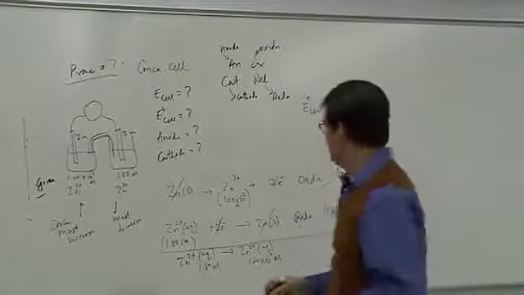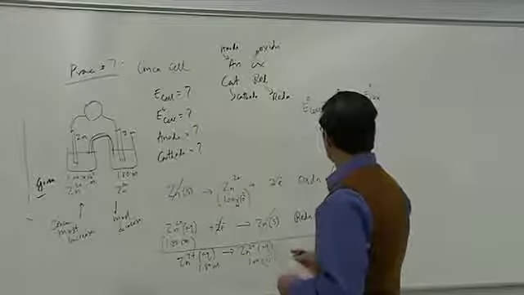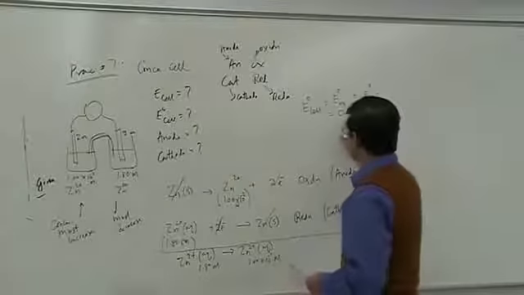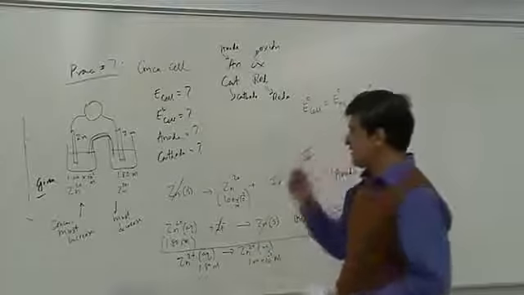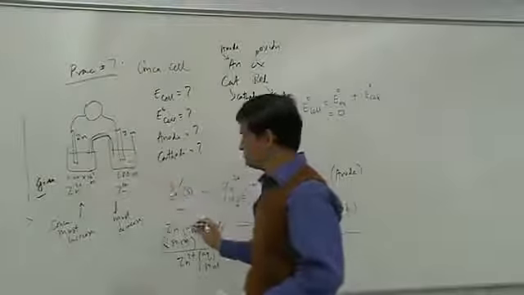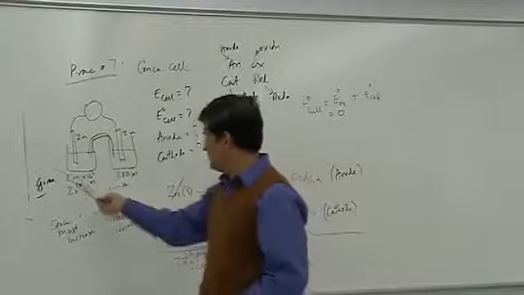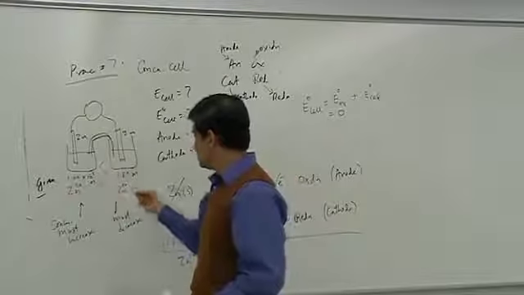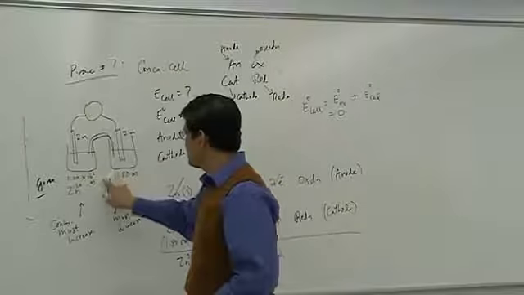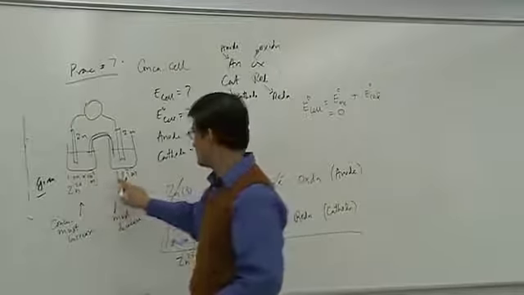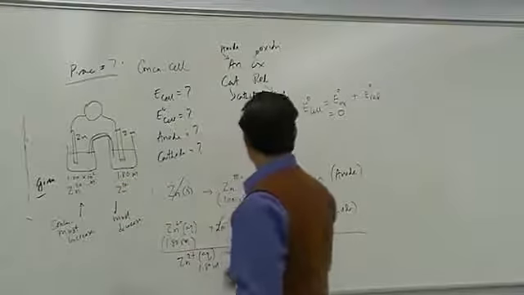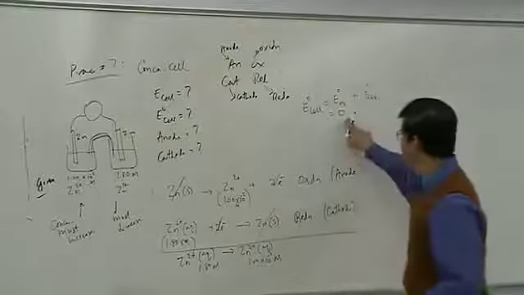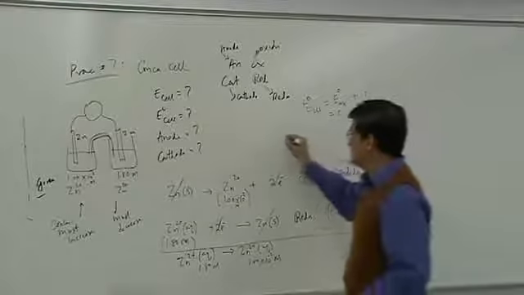For same electron, oxidation and reduction values are equal and opposite, so it will be 0. So standard cell voltage will be 0. That means standard means if I have everything in 1 molar concentration, and we already understand, this is going to give you a voltage because of the difference in concentration. If my concentrations are exactly the same, 1 and 1, there'll be no voltage. And that's what E0 cell tells you.